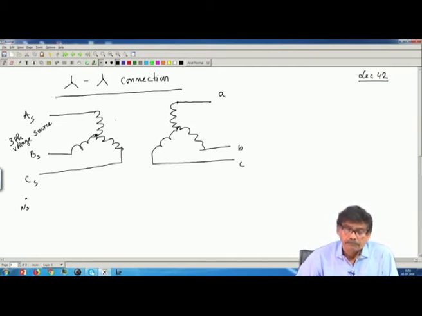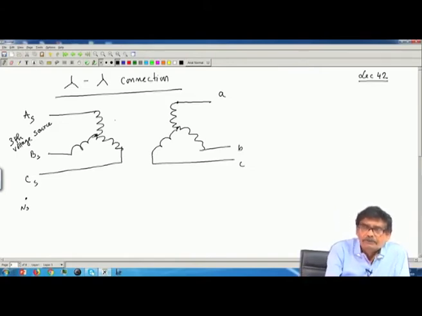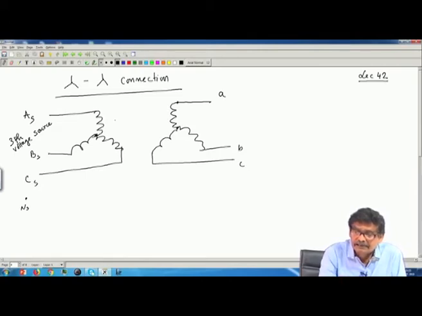Now, with the secondary open, nothing connected here, in general you have applied a line to line voltage, and you get √3 times less, VLL by √3 comes across a phase, and into N2 by N1 you get the secondary phase voltage.